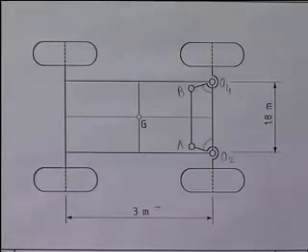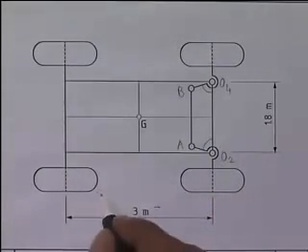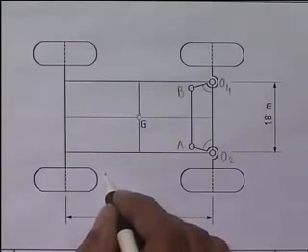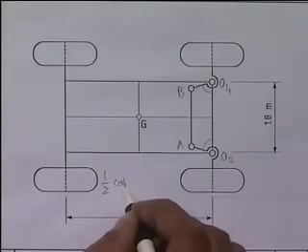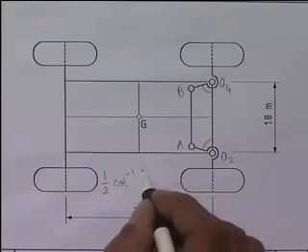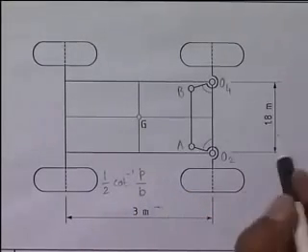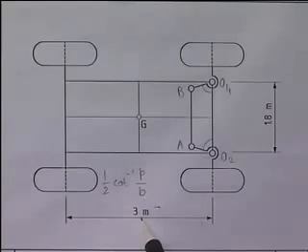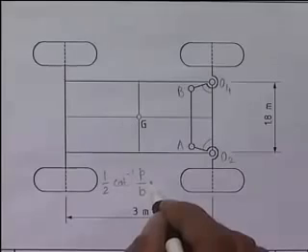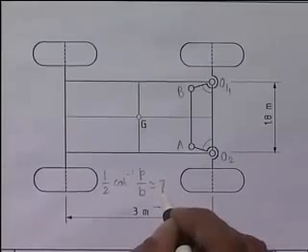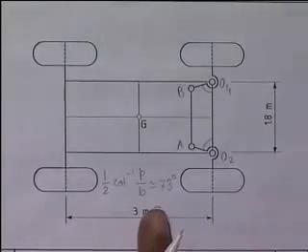If you remember the Davis steering gear, this angle, which we called alpha at that time, turned out to be half of cot inverse P by B. Here P is 1.8 meter and B is 3 meter. So this is half of cot inverse 0.6, which is approximately 73 degrees. That is for the Davis steering gear.